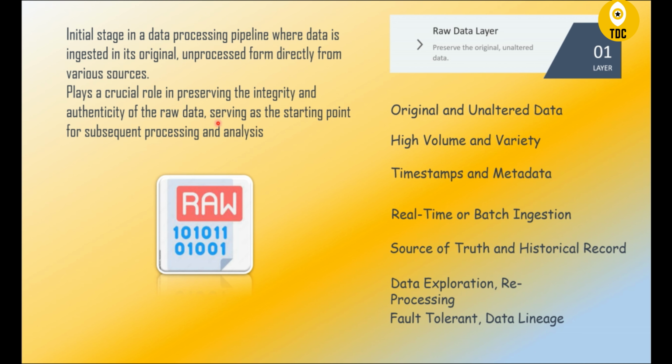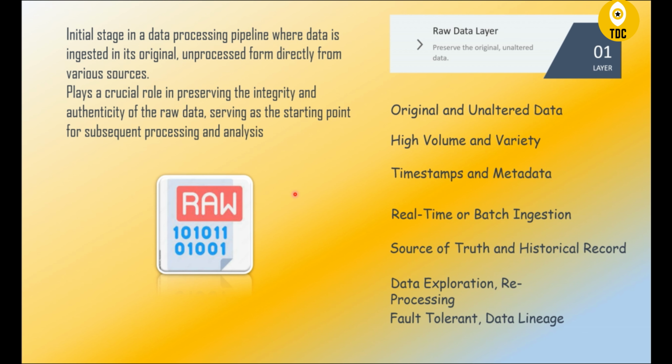That means here you get the data from different sources and you just dump the data into a particular location. Usually this location will be your data lake, blob storage, or Amazon S3, where it is a cheaper storage solution, because you need a large volume of data here. That is why you bring and dump the data here.